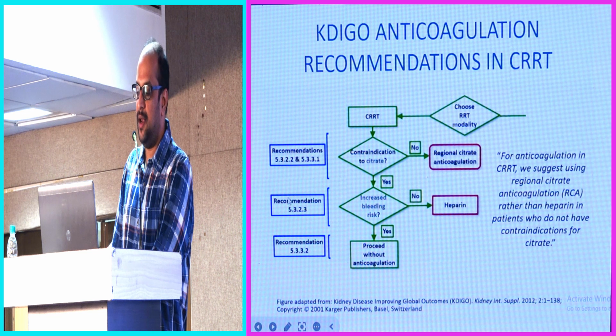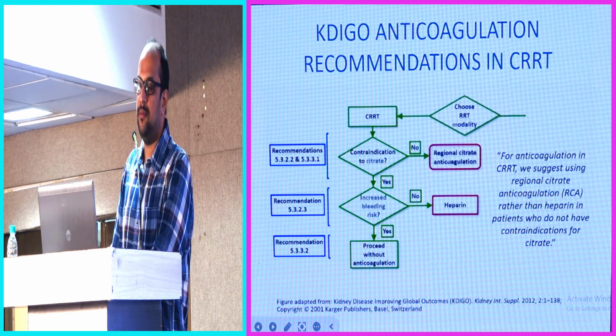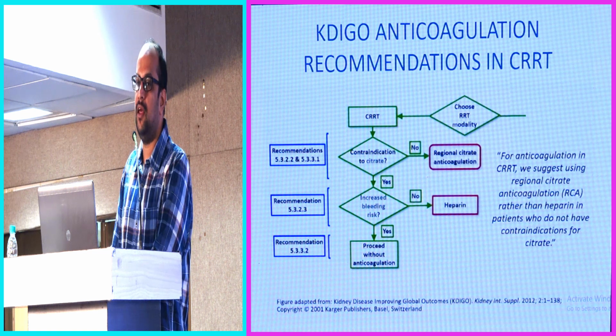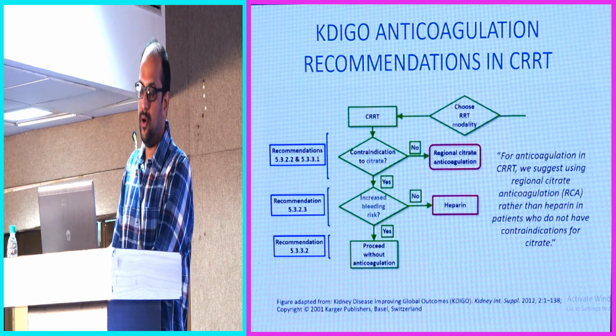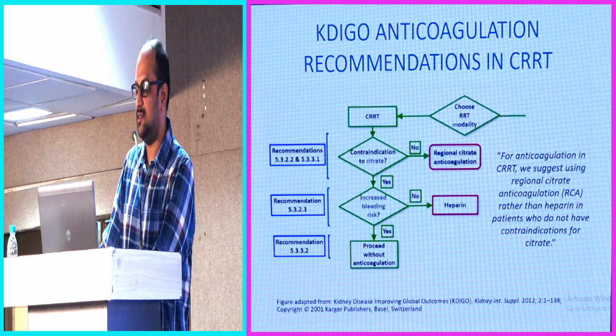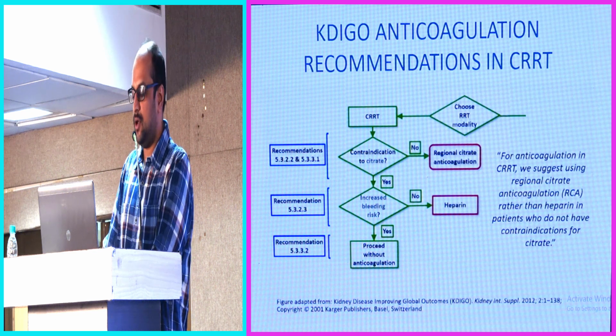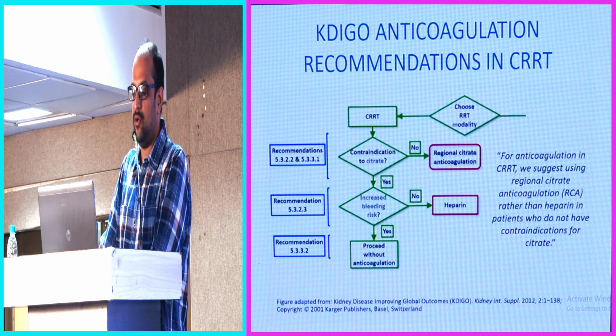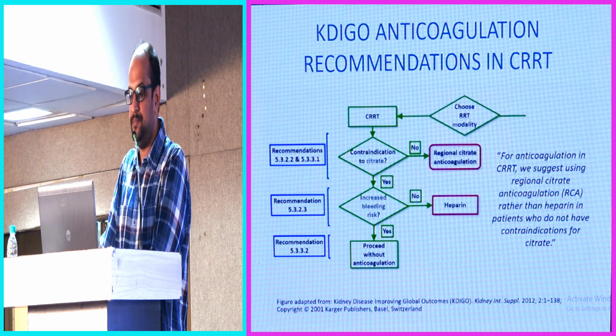From this recommendation, we can understand that we need to always maintain the circuit with some kind of anticoagulation, and if there are no contraindications, KDIGO recommends using regional citrate anticoagulation. So we need to understand more about regional citrate anticoagulation based on these recommendations.